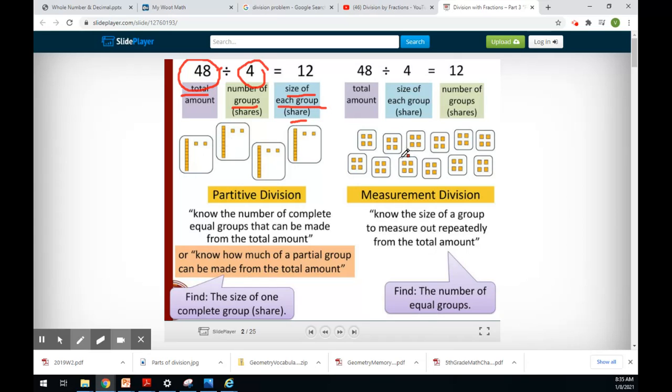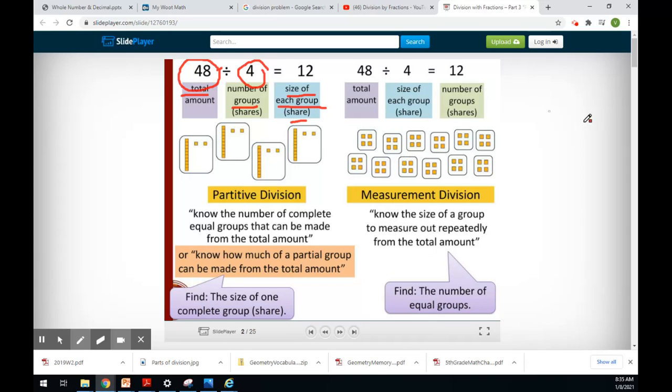The other type of division is called the measurement division. This is where we know the size, we know the each, and we have to figure out the group. So for example, if I have 48 cookies, and I know I only want to give 4 cookies. My friends request, hey, if you have 48 cookies, I'd like to order 4. Well, how many friends can you sell your cookies to?